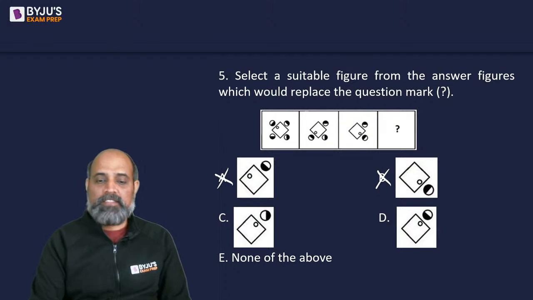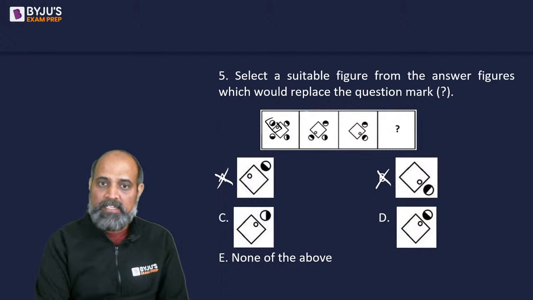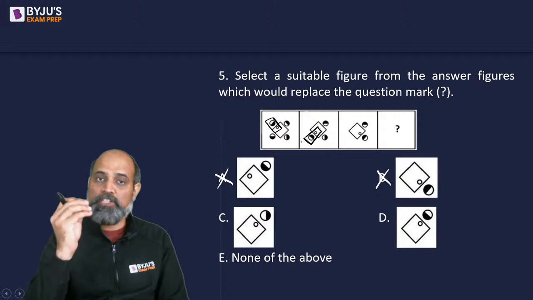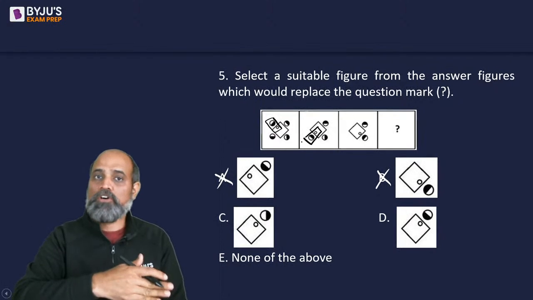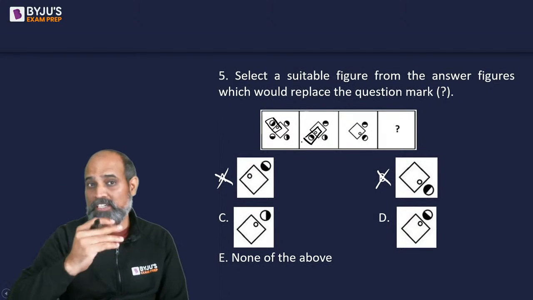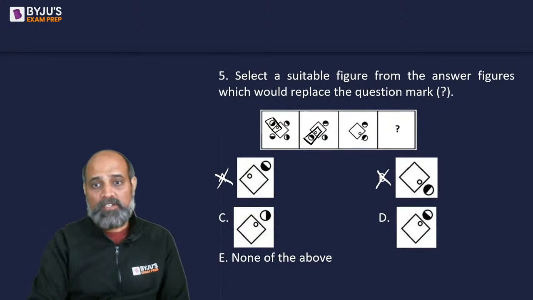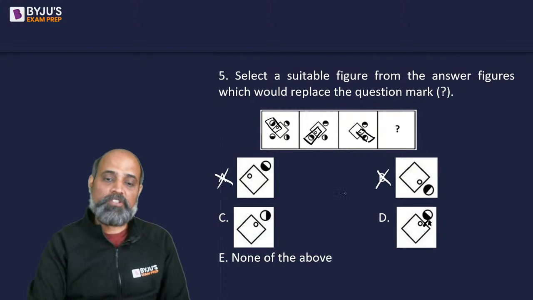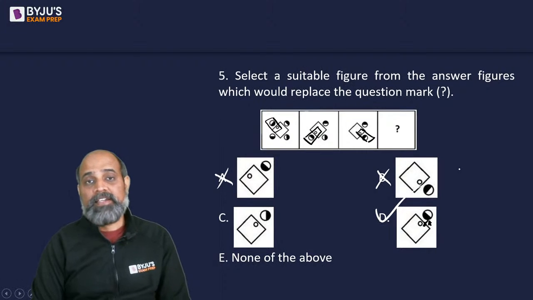I don't know about the other circles, but wherever the dot is, that circle's black shade is pointing towards the dot. जिधर को भी dot जाएगा, whichever circle is there on that edge or on that side of the rhombus, you'll find that the circle's shaded portion, the black portion, is towards the dot, right? It's always there. So we know that between Charlie and Delta, the circle that we are supposed to have, its shaded portion should be pointing towards the dot. So between the two options, D makes sense.